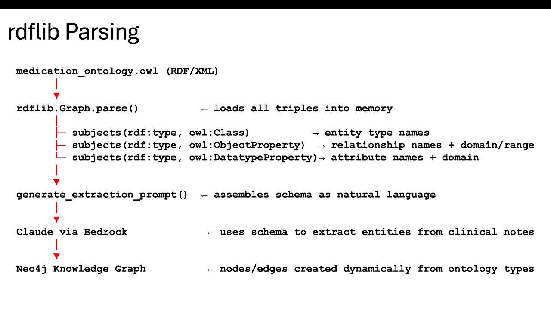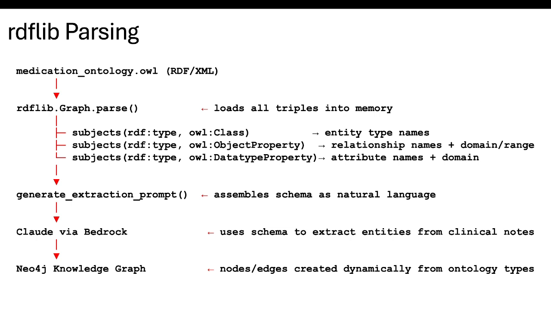So in the context of the prompt, you're going to first define what the schema would look like, of course in natural language, which is done by parsing with rdflib.graph.parse. Then you're going to pass the actual unstructured document and its chunks, so that once you're constructing the knowledge graph, it is constructed very precisely using the ontology rules.